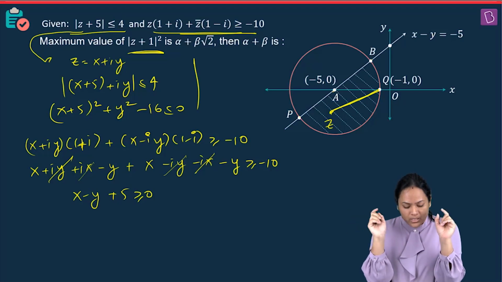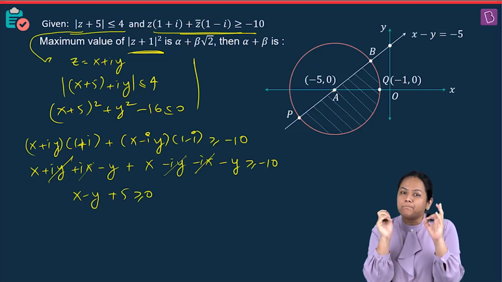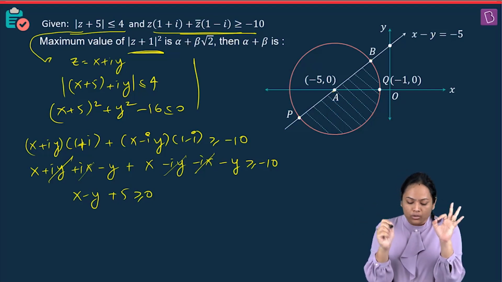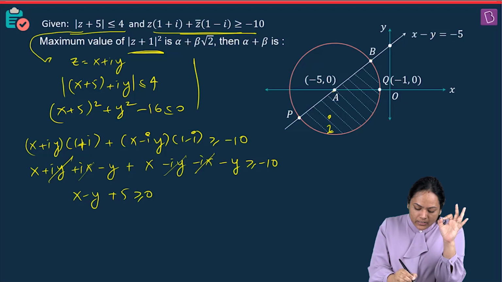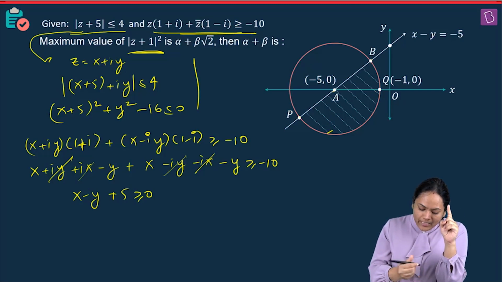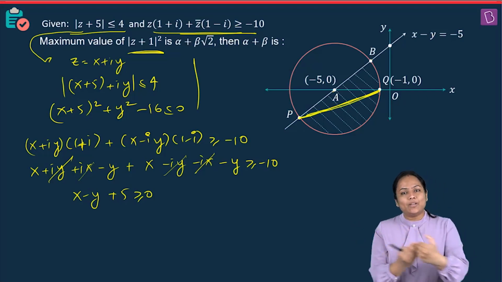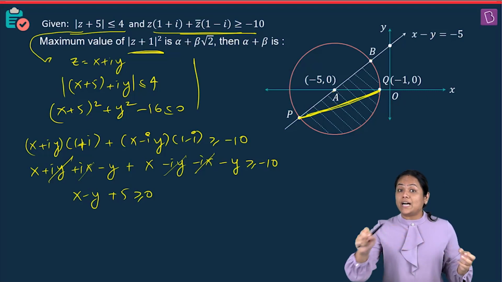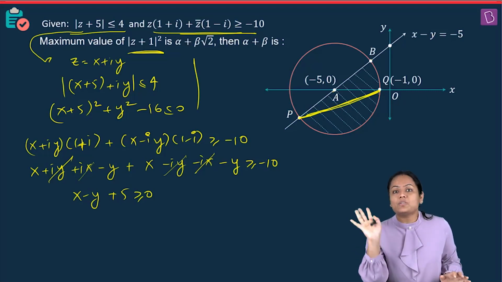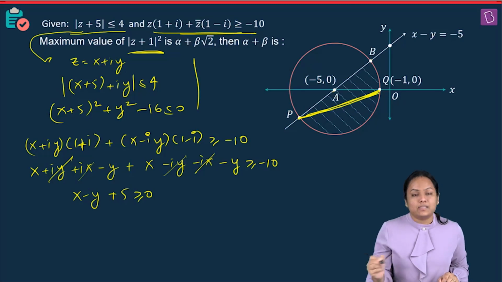Now, if I see the figure, what can be the maximum possible value of my ZQ distance? Well, that is going to happen when my Z moves to point P, right? This gives the maximum when my complex number Z is farthest from point Q, which is minus 1 comma 0, isn't it? So that means I have to find this distance.